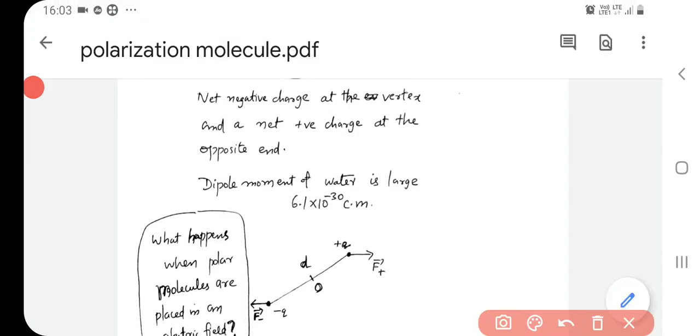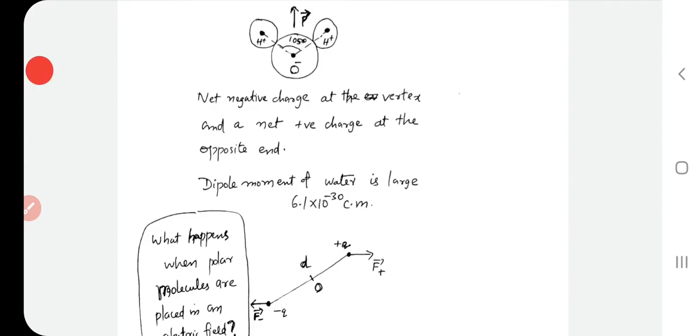It is 6.1 into 10 raised to minus 30 coulomb meter. This is not centimeter, it is coulomb meter. So a water molecule has a permanent dipole moment, and this permanent dipole moment is responsible for many properties exhibited by water.